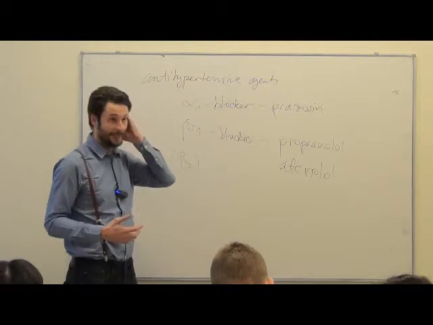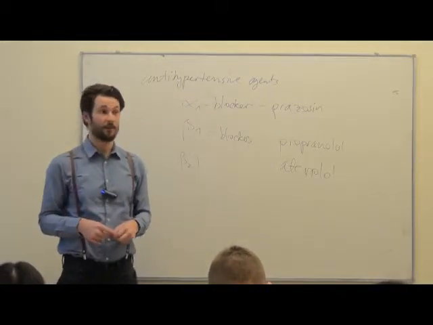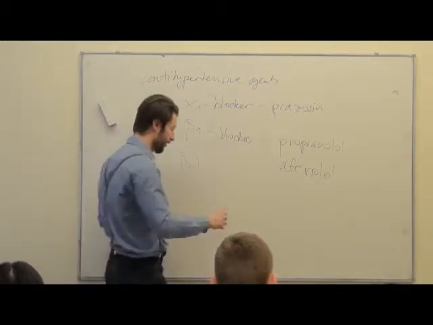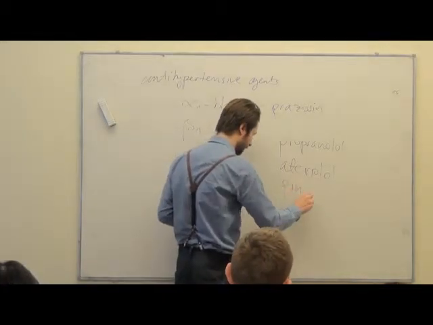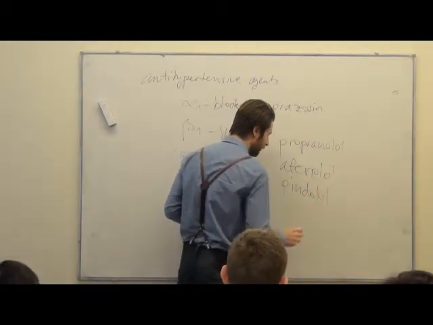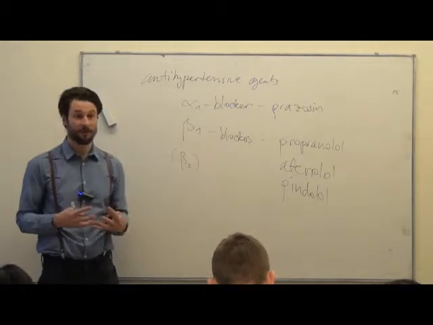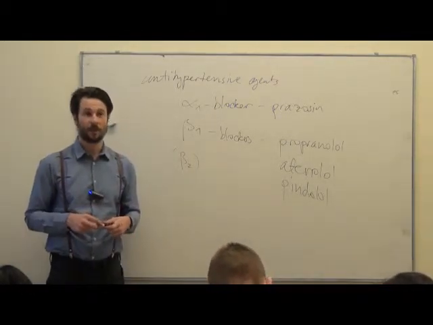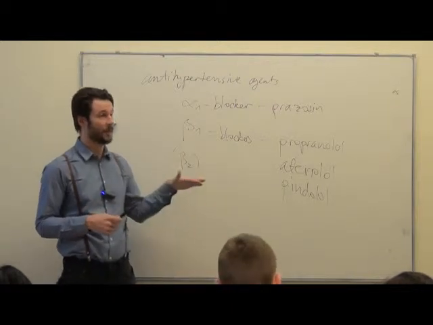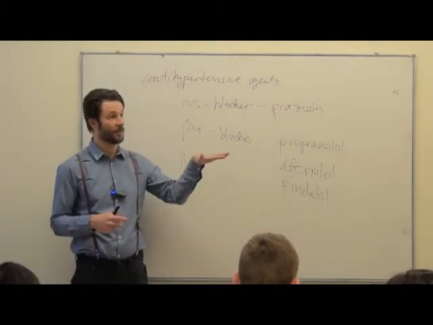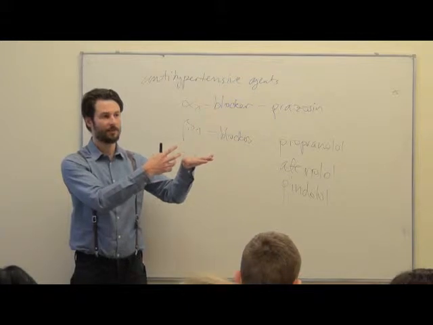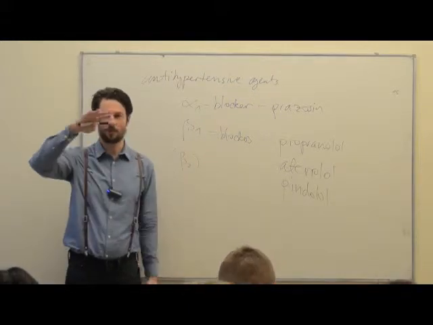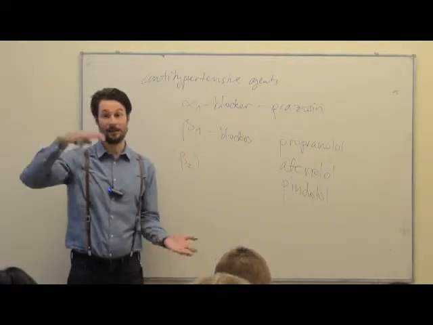Okay? And since we talked about partial agonists, here's a partial agonist for you called pindolol, which is a partial agonist on beta receptors. Remember we said that partial agonists act as agonists when there is very little of the real agonist. But as the concentration of the agonist goes up, they start acting as antagonists.